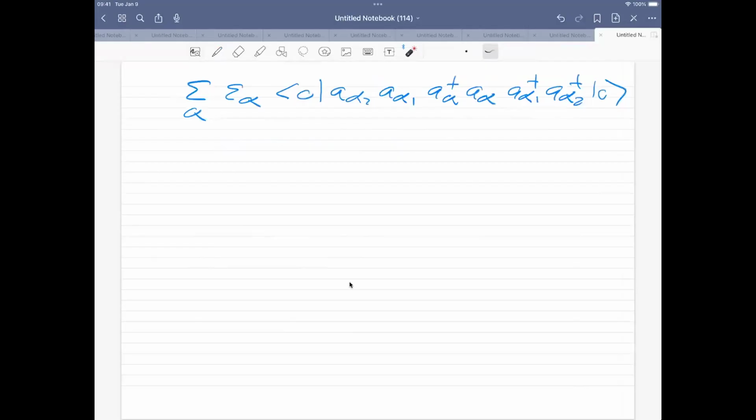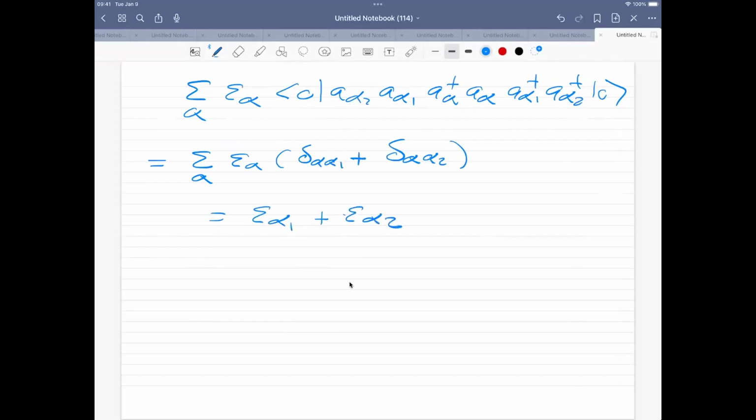Which means that when we now perform the contractions, this is simply going to be given by the sum over alpha of epsilon alpha, which is going to be multiplied with a Kronecker delta with alpha 1, plus a delta alpha 2 here. And then we have simply epsilon alpha 1 plus epsilon alpha 2, which is what we got when we calculated everything by setting up a 2-particle Slater determinant.